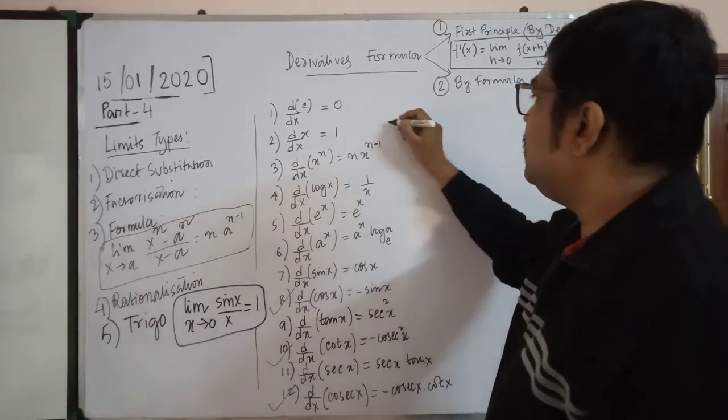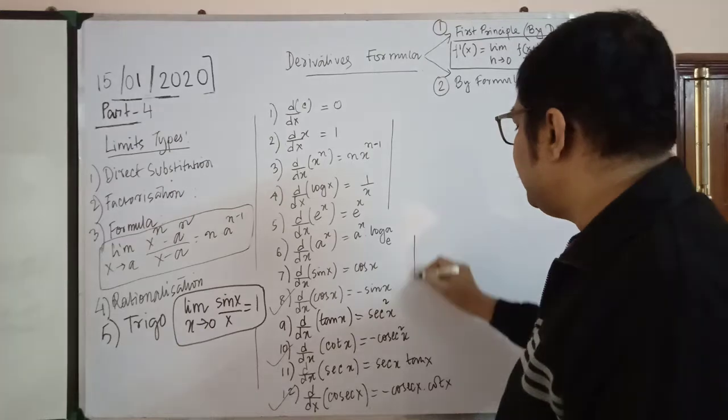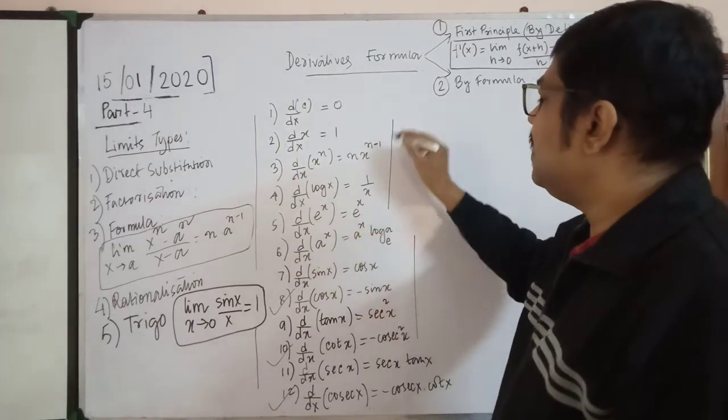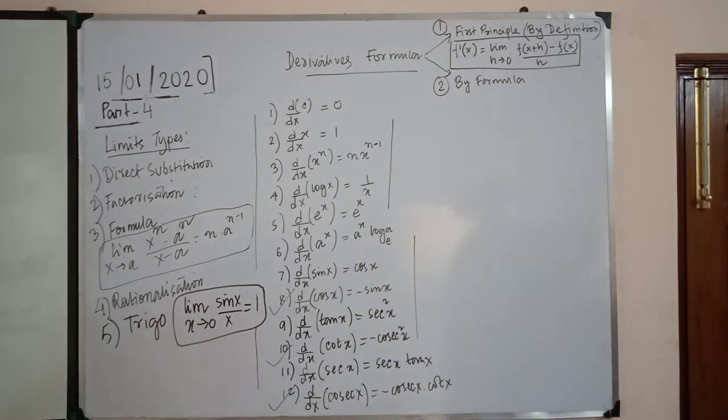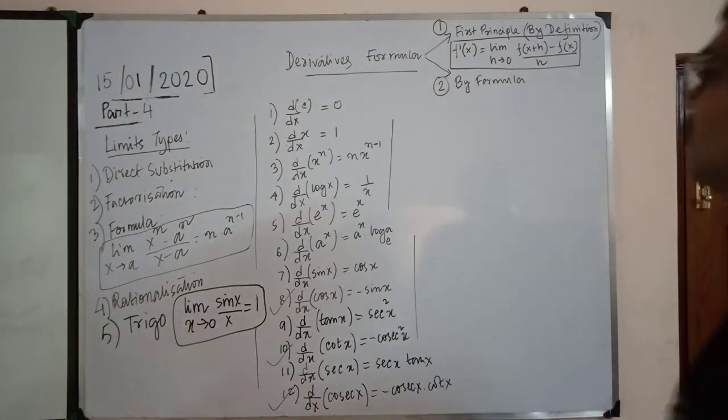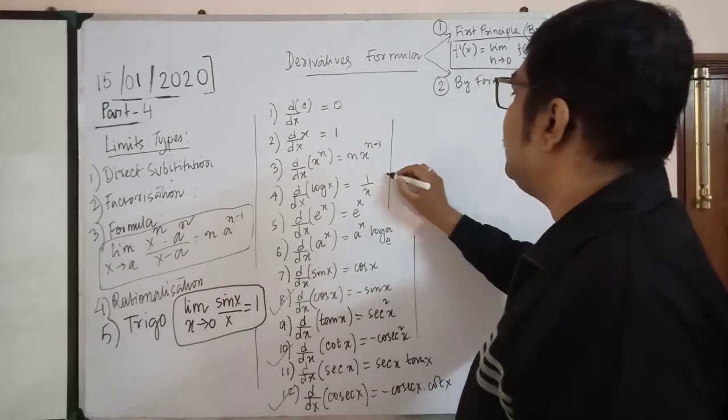Now a few things I'll write over here. If I get a constant associated with x, then it will be written outside. So what do I mean?